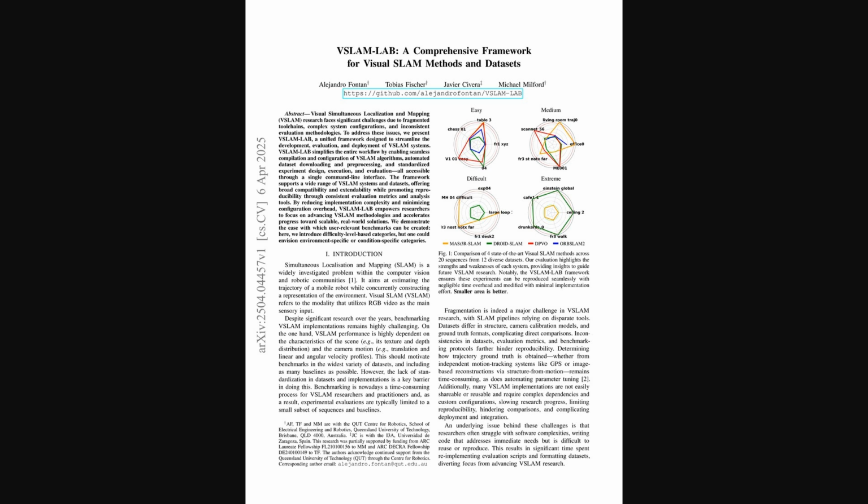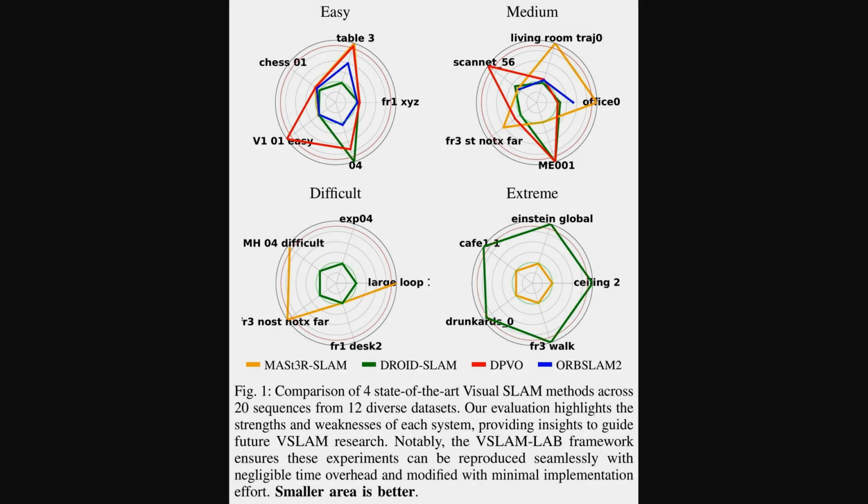and more standardized. Okay, so to show how this VSLAM-LAB framework actually works in practice, the paper includes some benchmarks. Figure 1 here gives us a good look at that. It uses these radar plots to compare 4 different VSLAM methods: Mass3R-SLAM, Droid-SLAM, DPVO, and Orb-SLAM-2, across sequences with varying difficulty levels, labeled easy, medium, difficult, and extreme.